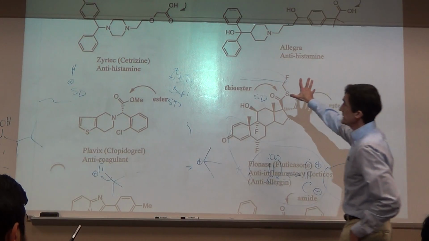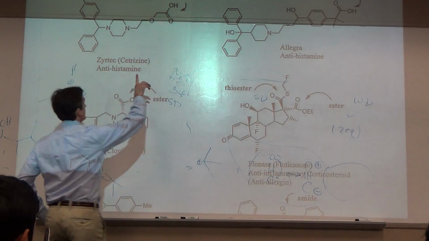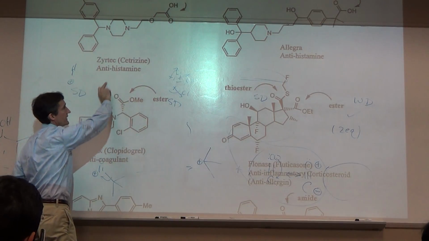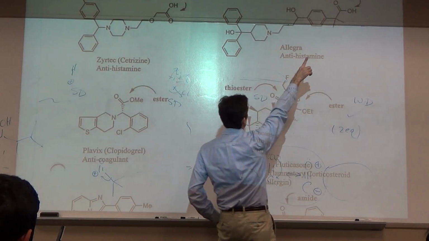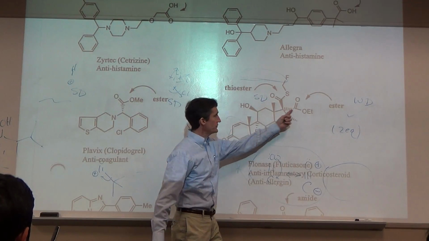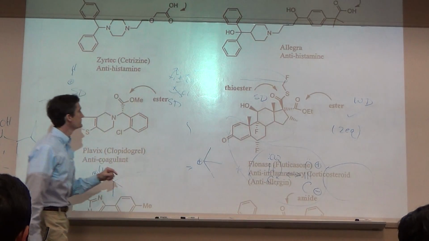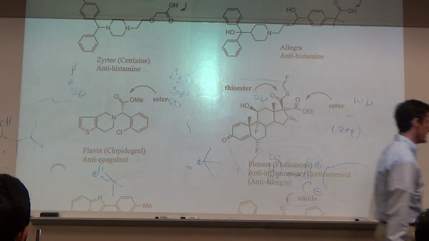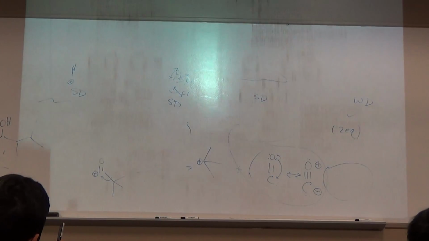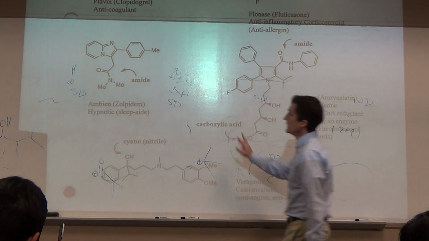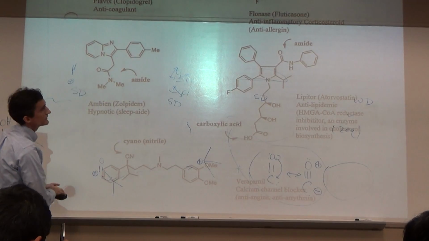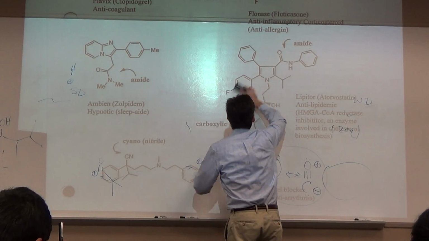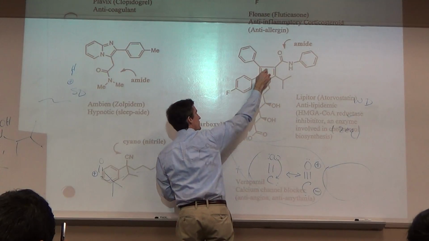Here are some carboxylic acids and derivatives. Lots of drugs, but we see a carboxylic acid, Zyrtec. What do we have here? Another carboxylic acid, Allegra. Ester, so remember your functional groups. Amides, including in Lipitor. Lipitor, of course, also has the pyrrole ring here.